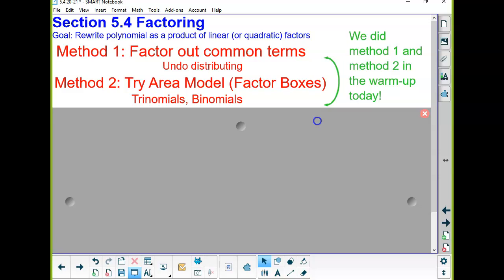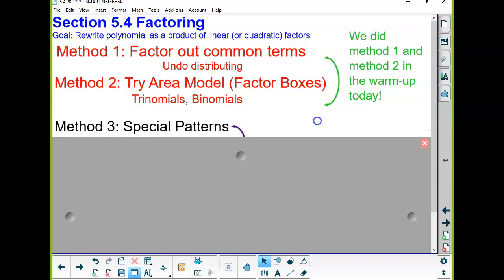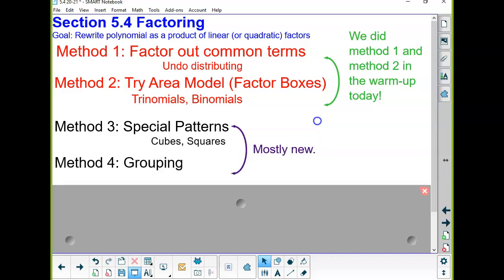So with that being said, the only new methods are something we call special patterns, which we hinted at a little bit, and something called grouping.